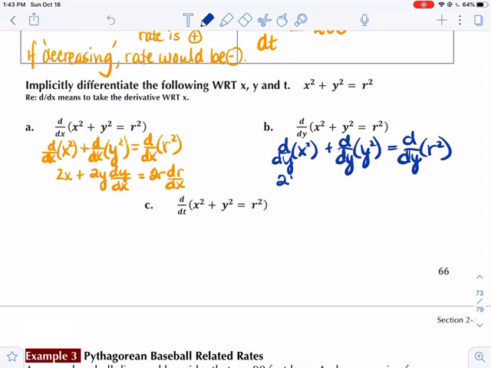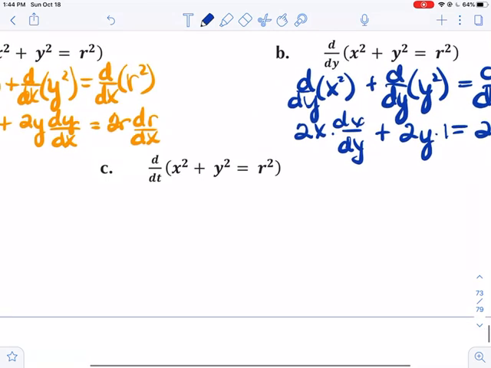So I get 2x, and then we have a dx dy, and then we have plus 2y, dy dy, which is 1, so we'll leave that out, and then we get 2r, and then we have dr dy. So using chain rule with that, notice the chain rule with the middle term 2y was just going to be 1, so I let it go.